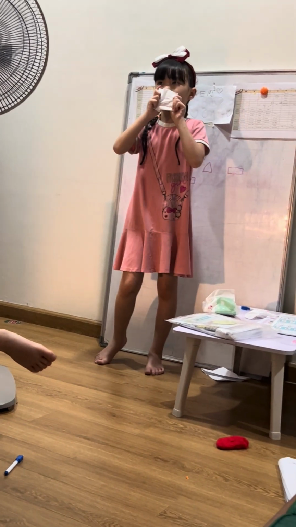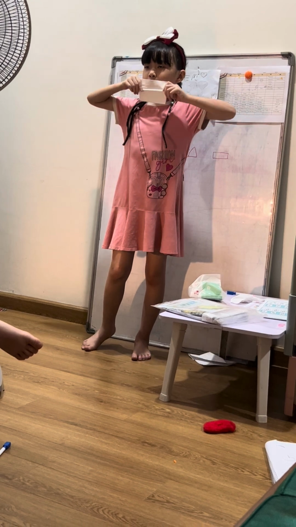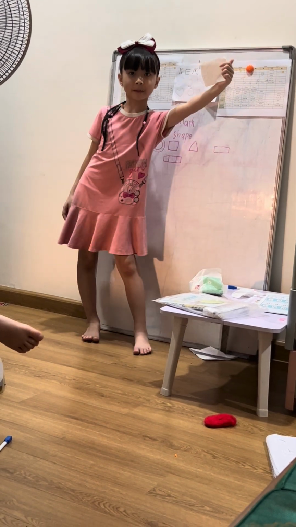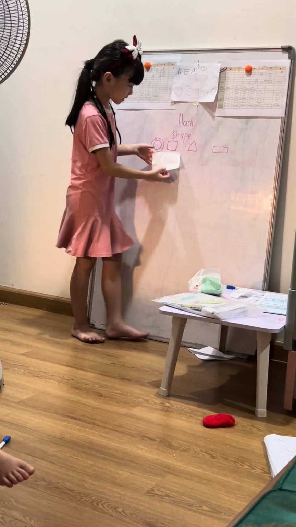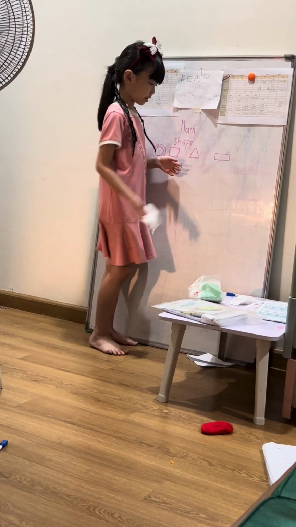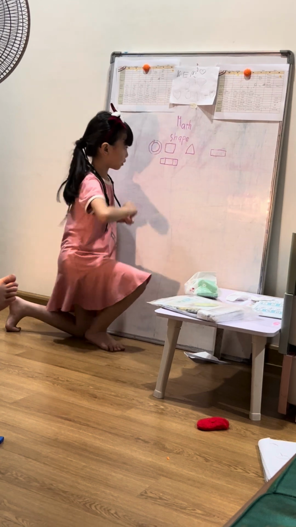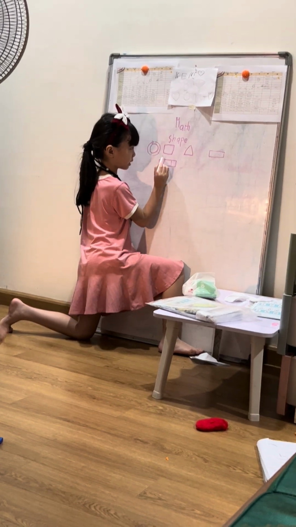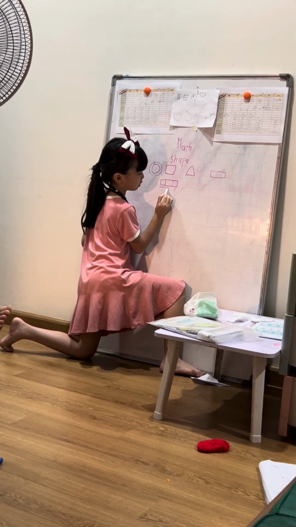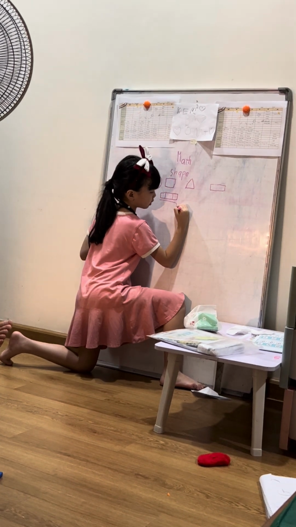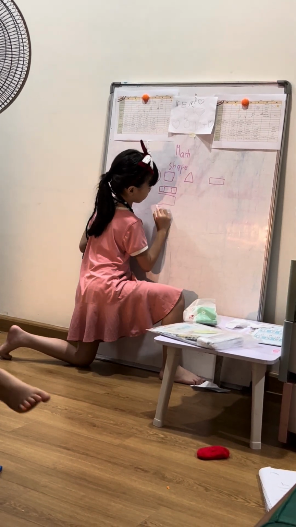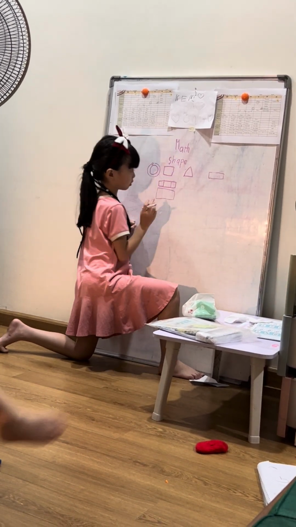If I stretch it out more like this, is this a square still? No, it's bigger. It will be a rectangle. So that means this is not a square. This is a rectangle.